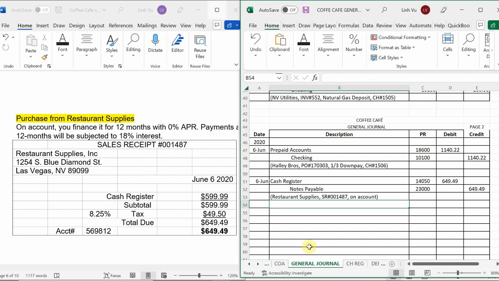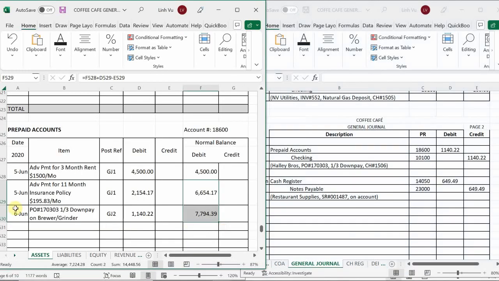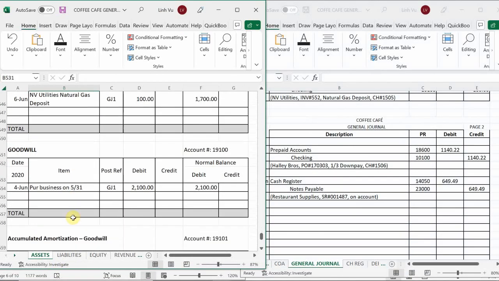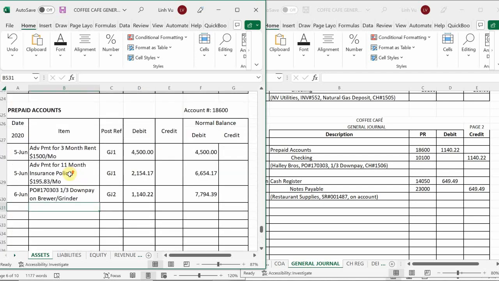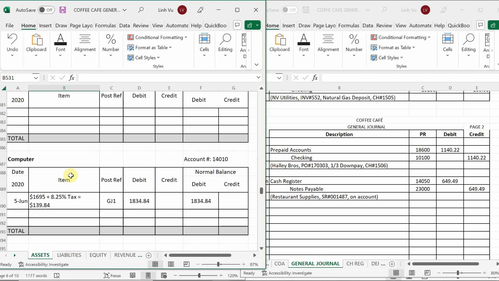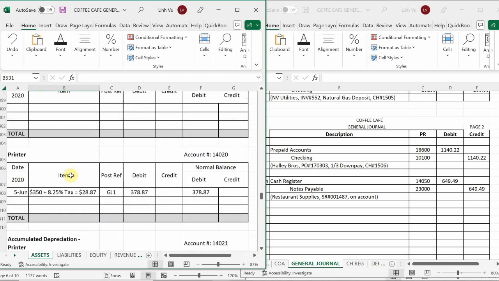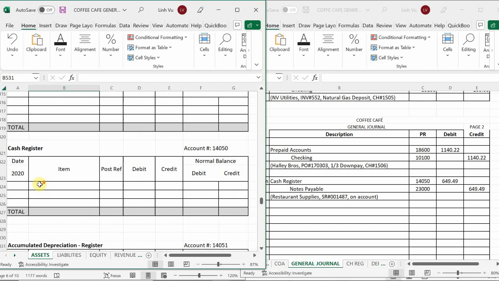So now that I have my journal done, the next thing I have to do is post it to my ledger. In this case, I purchased an asset. Here's my cash register.